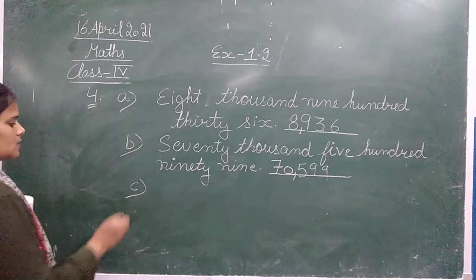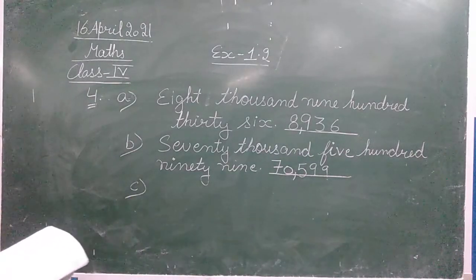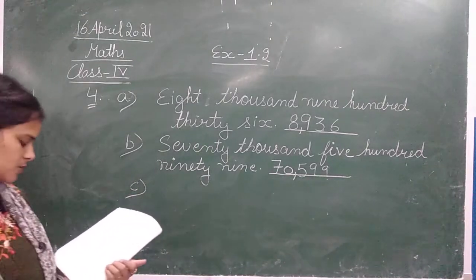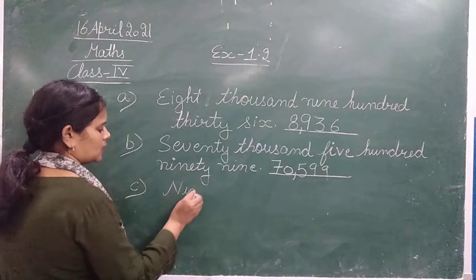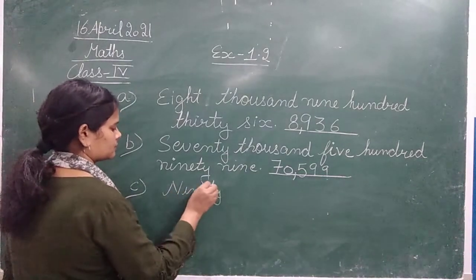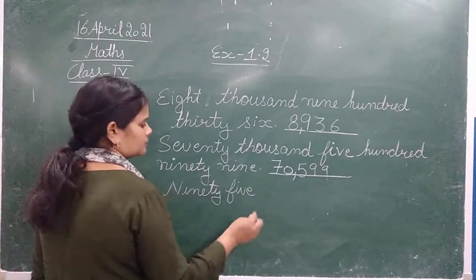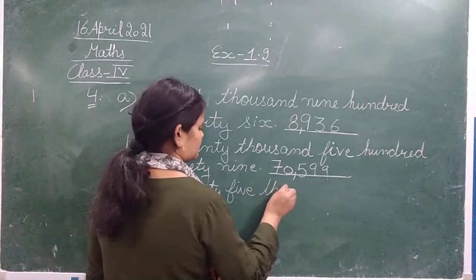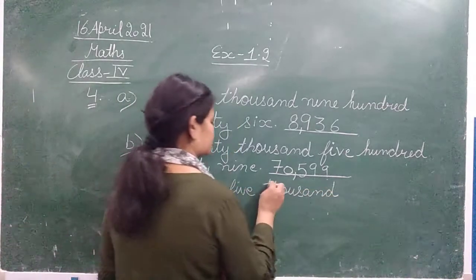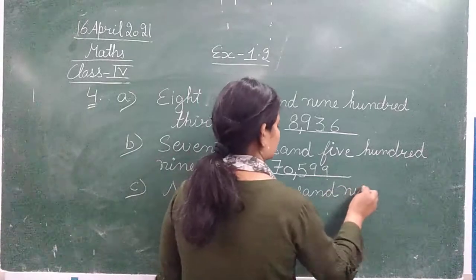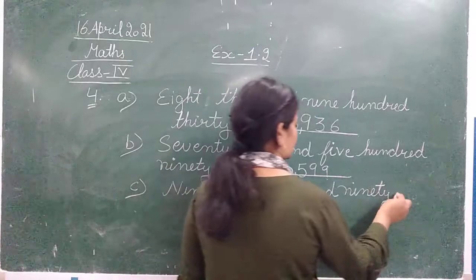Moving to the C part. The C part given here is 95,095.